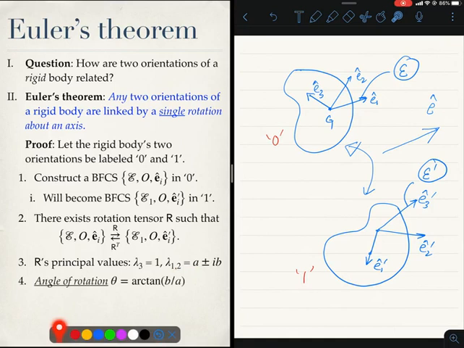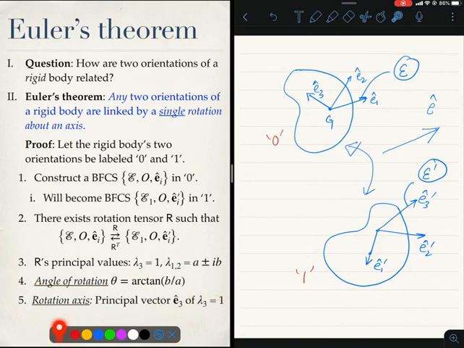Associated with the complex conjugates, we can compute this angle theta as the tan inverse of b by a, which I have claimed, and I will show you in a future class, is the angle of rotation, and the rotation axis is the principal vector E3 corresponding to the real principal value lambda 3 equal to 1.